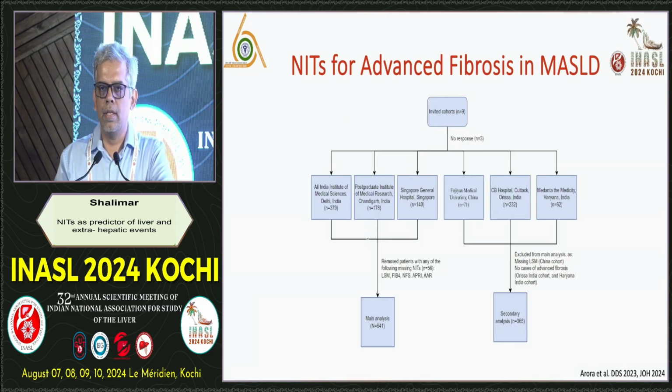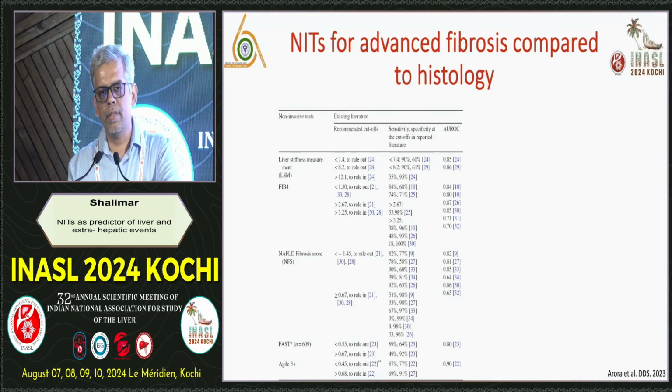How do NITs perform for advanced fibrosis in MASLD in the South Asian population? This study was alluded to by Manas. We included multiple centers across Asia, from India, Singapore, and China. There have been various cutoffs for various non-invasive tests which have been reported in literature.